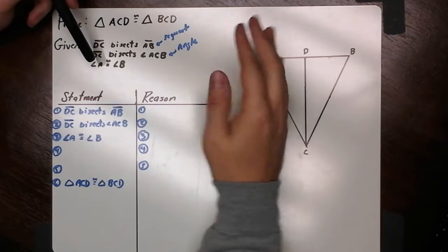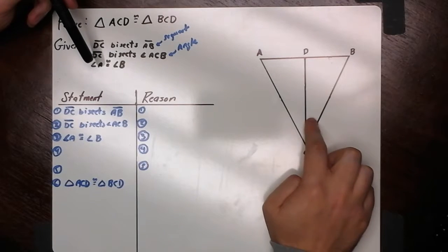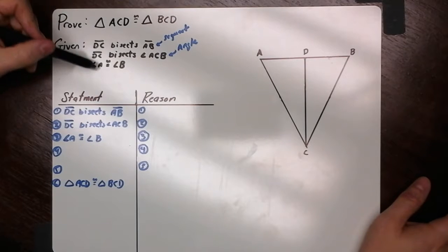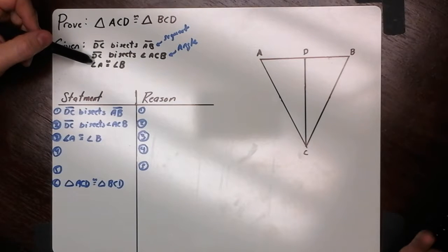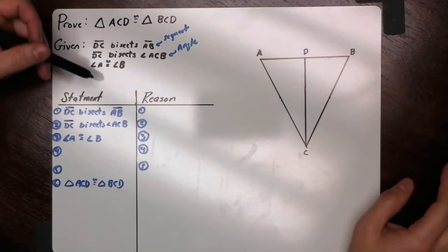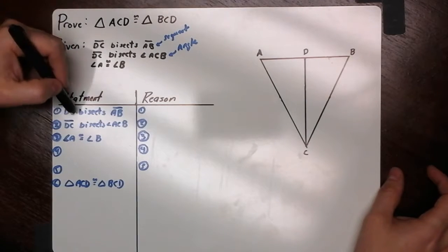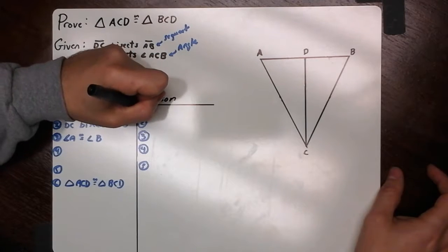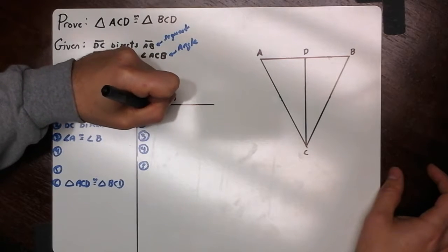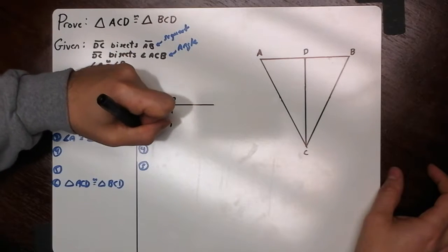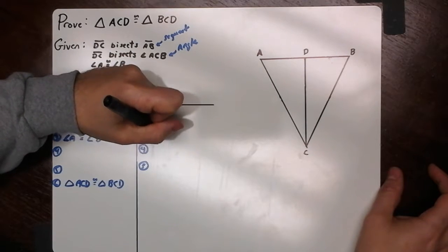And this angle is being cut in half by this line. Okay? So all that stuff, and then they told me that angle A is congruent to angle B. So all that stuff is given. So you write the given down word for word. And the reason for knowing that is because it's given. So given, given, and given.